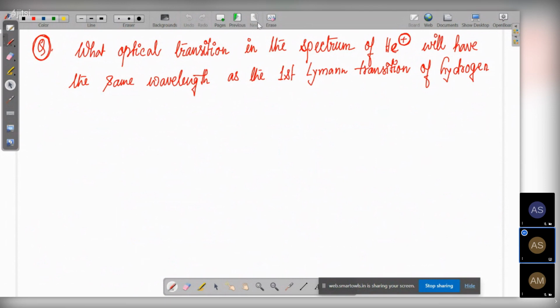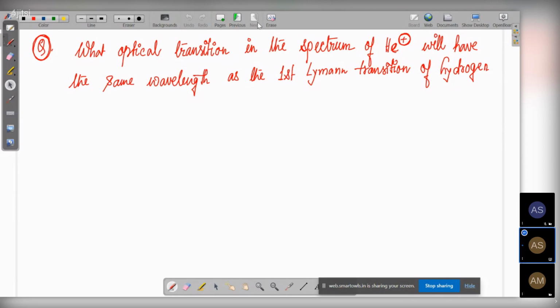Are you trying? Yes, sir. Sir, one answer came. Lambda equals 1.2 into 10 to the power minus 7 meter. Okay.